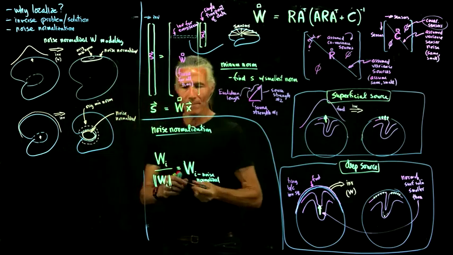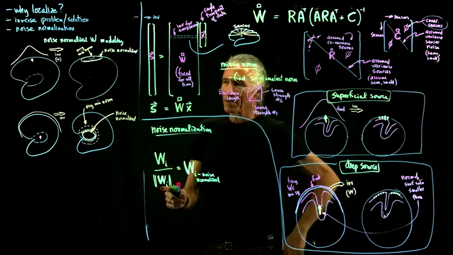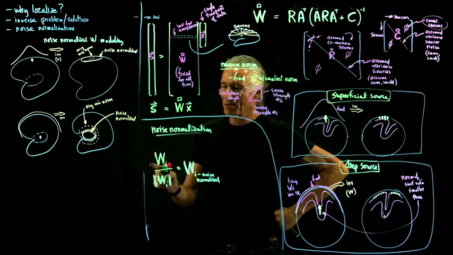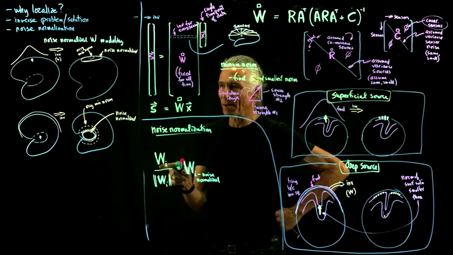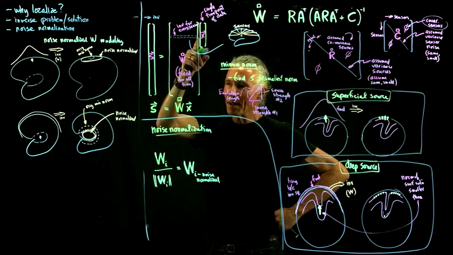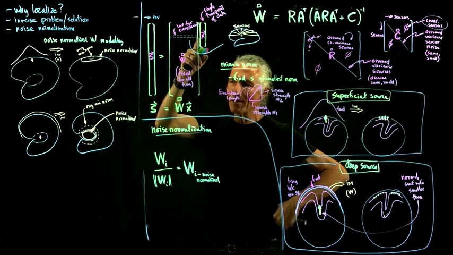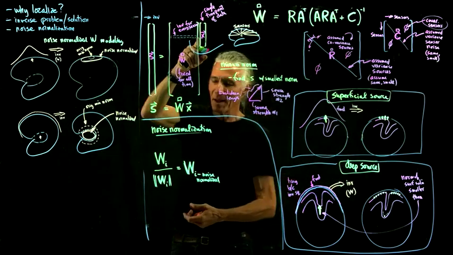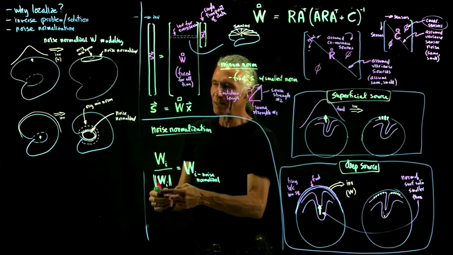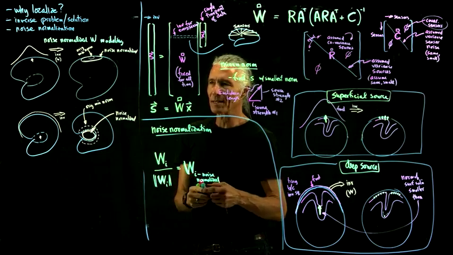And why did it help? It helped because we divided by a small number here. The real inverse solution says it's really hard to see anything down deep, so this number is going to be pretty small. When we take the norm of that whole row, that's the strength of the inverse solution for that point, and then divide by that small number, that makes our noise normalized number bigger.